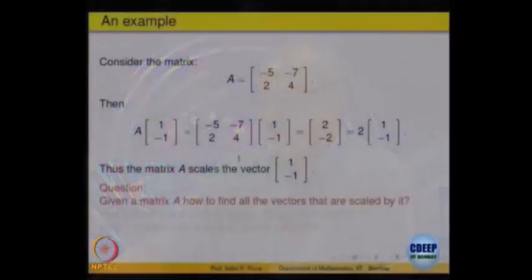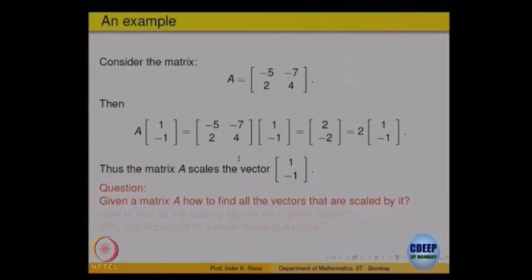Okay. So, here is a question: given a matrix A, how do we find all vectors that are scaled by it? For this matrix I have given you one, and how I got it I will tell you soon. Second, how do we find the scaling factor of a given matrix?